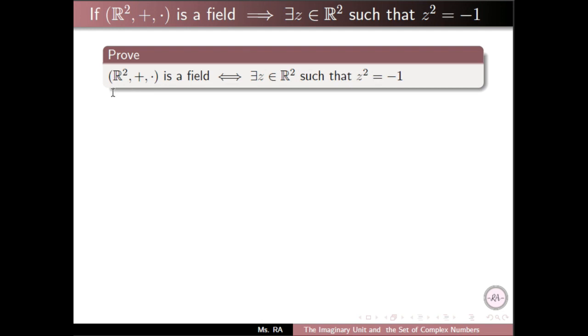So consider this ordered triple to be a field if and only if there exists a vector z in R squared such that taking the square of that vector gives us a value of -1. We will get to prove the first part, which is, if the ordered triple is a field, then we have to construct a vector z, which is an element of R squared, such that z squared is -1. So we're gonna focus first on that part.